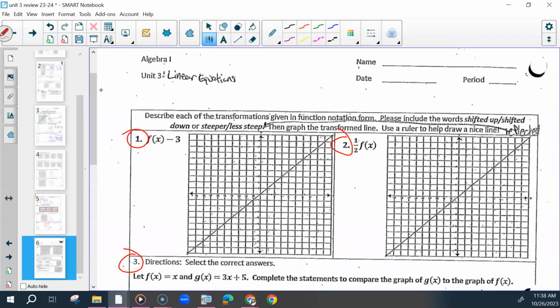What is happening with number 1? The y-intercept is shifted down 3. What happened to the slope? Nothing, it stayed the same.